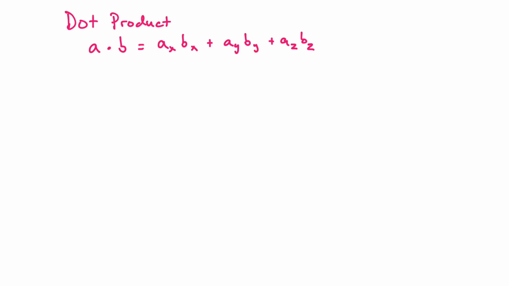So let's just say that a is a vector and b is a vector, and we want to find out the angle between the two. If a has a length of 1 and b has a length of 1, then a dot b is equal to the cosine of that angle.